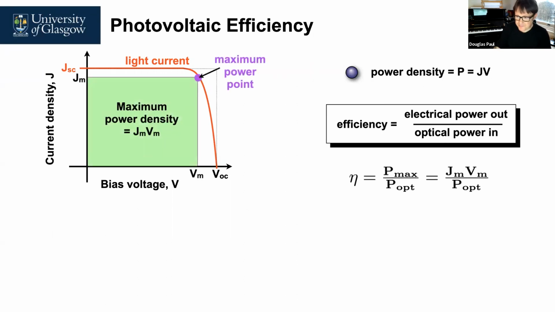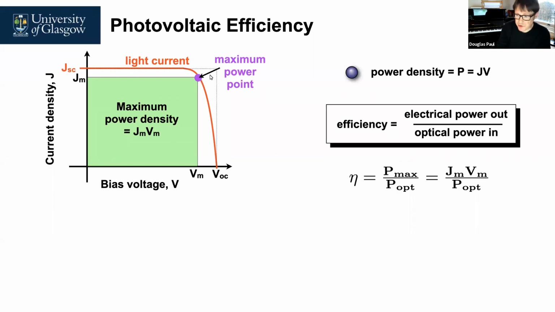So to write that in a slightly different way, the efficiency eta is the maximum electrical power out divided by the optical power in. Now in this diagram, the maximum power density we can extract is given by what's known as the maximum power point. It's not that this is a rectangle. We're actually going to have some sort of curve. In fact, what you're trying to do is get this maximum power point as close to JSC times VOC as possible, but you can never quite get up to this point.